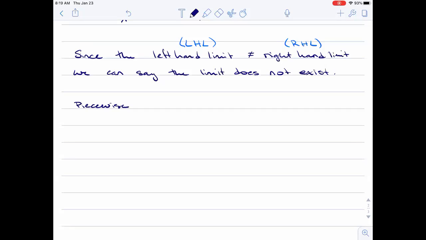Yeah, so you could break it up and use that same argument. The positive version is going to go to 1, and the negative version is going to go to -1. So they'll never meet.